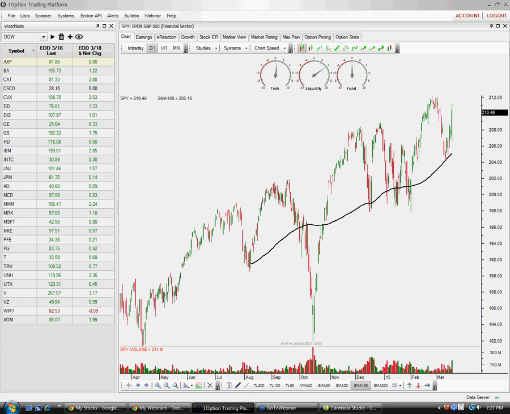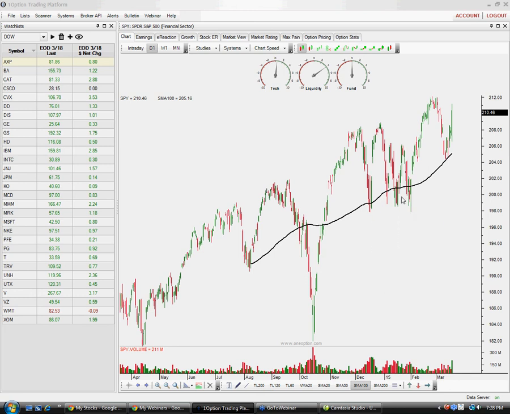My apologies. I had to close the poll, and now we're back seeing the screen. So the point is that from this high in August, we've really only rallied about 3%. The market has gone nowhere.